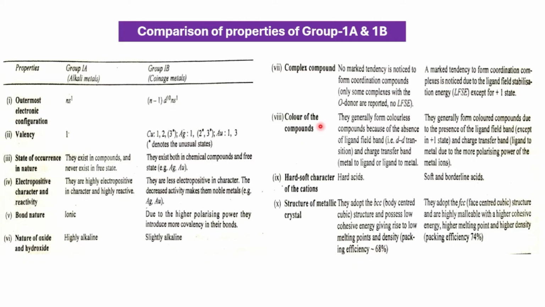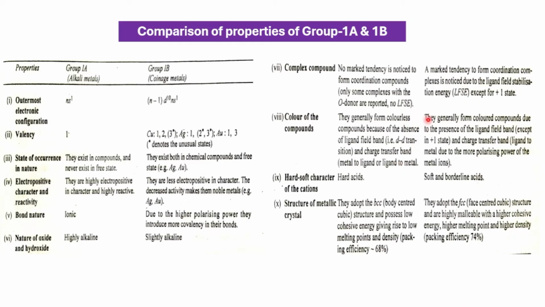Now if you see the color of the compounds, group 1A elements generally form colorless compounds because of the absence of ligand field band, that is d-d transition, and charge transfer band, metal to ligand or ligand to metal charge transfer.